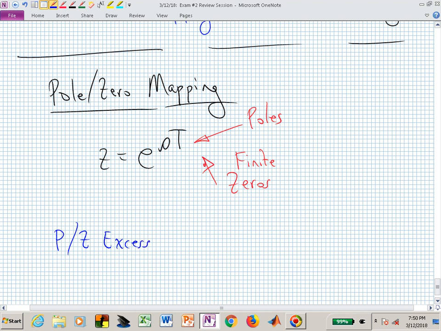What's PZXS? That's the pole zero excess. That's the number of poles minus the number of finite zeros. That gives us the number of infinite zeros. And that tells us how many of these z plus 1 factors we have in our discrete equivalent.